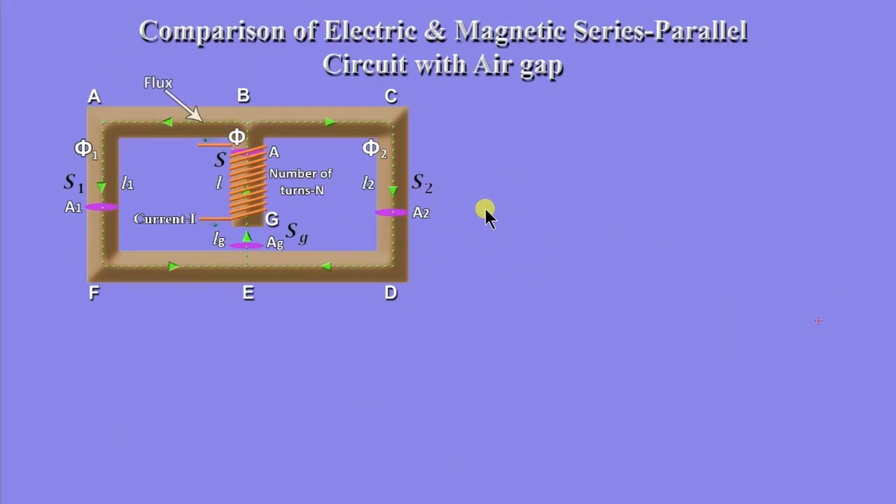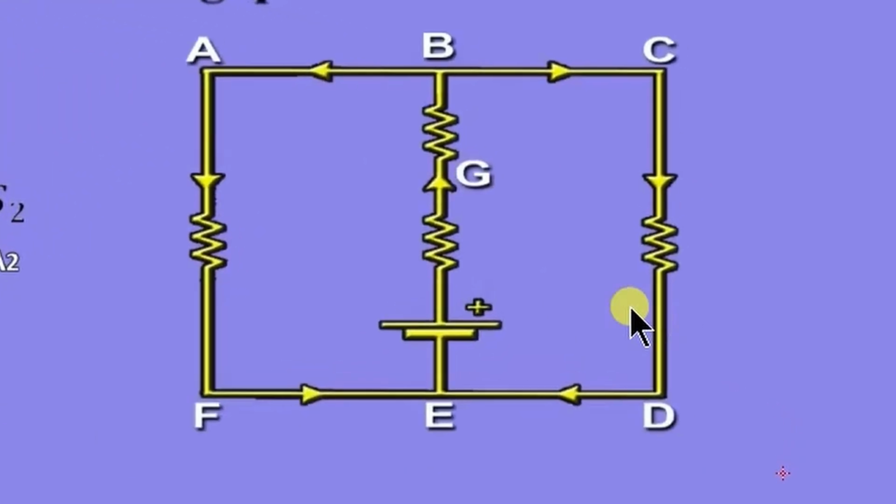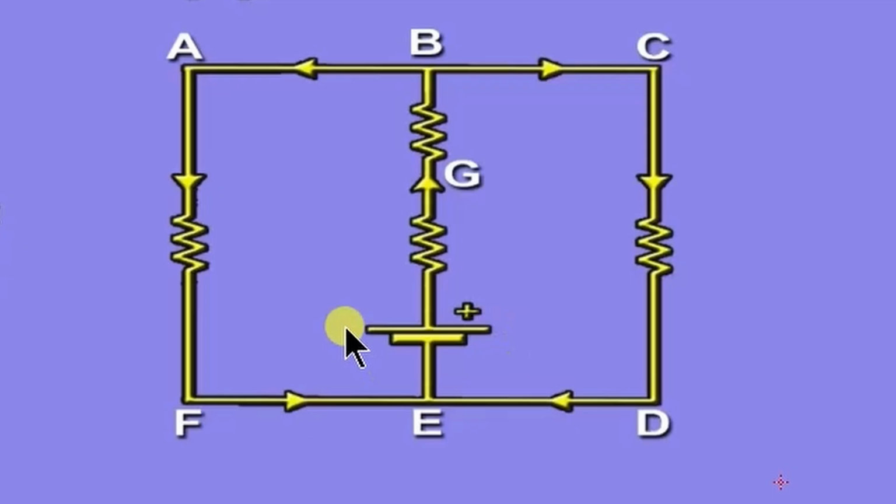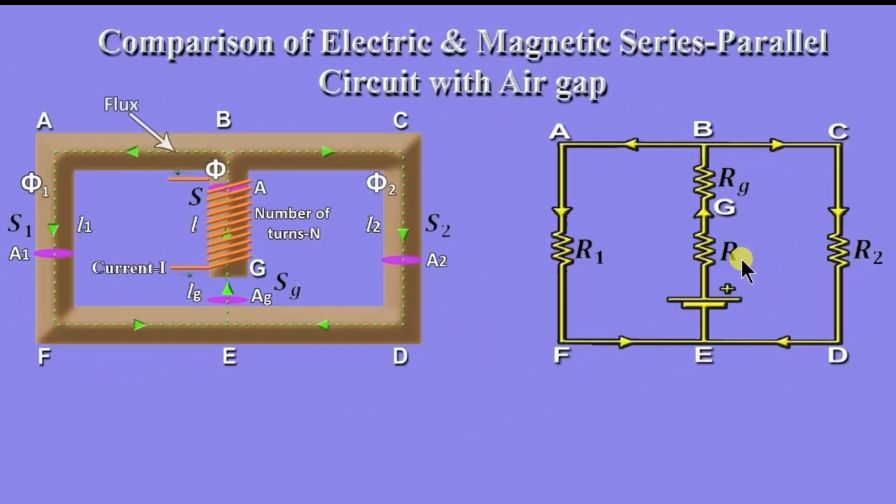This is almost similar to an electric circuit in which there is a battery in the central limb and these resistances. The resistances are, here it is R, then in series one RG, and path BAFE is having a resistance of R1 and BCDE is having a resistance of R2. The main resistance R is analogous to the reluctance S of this path.